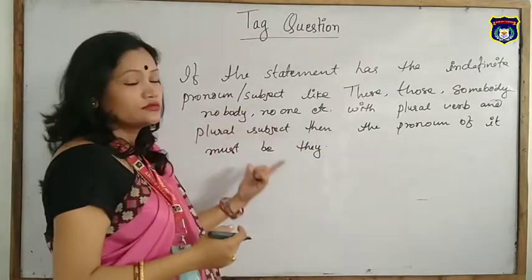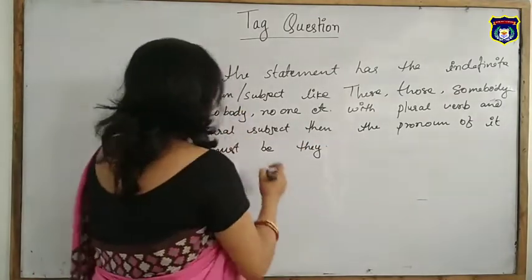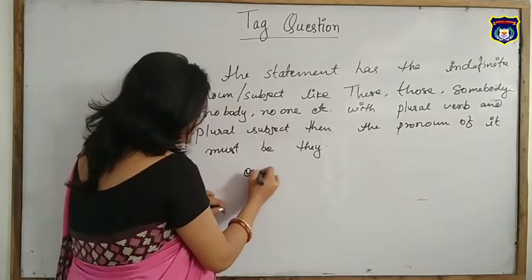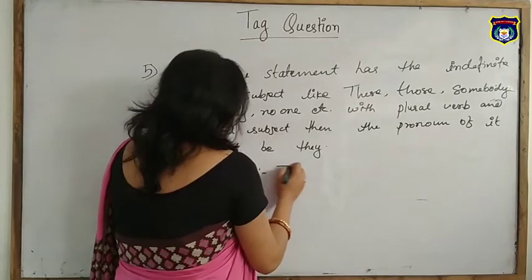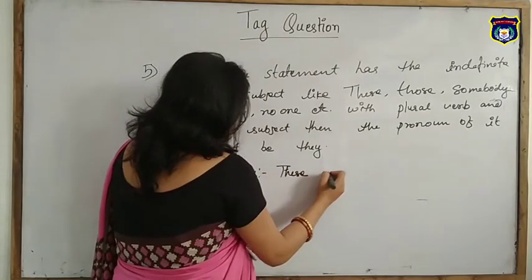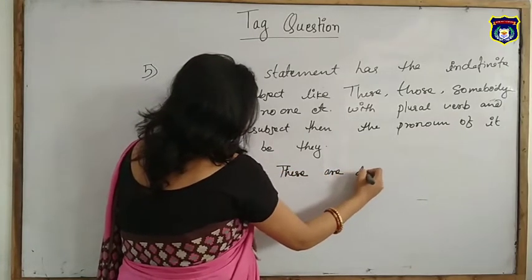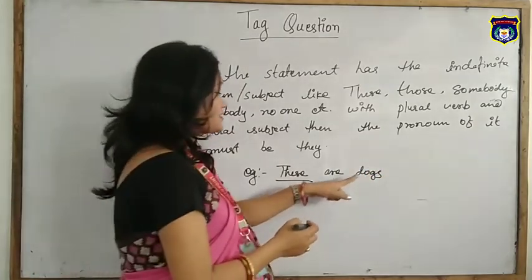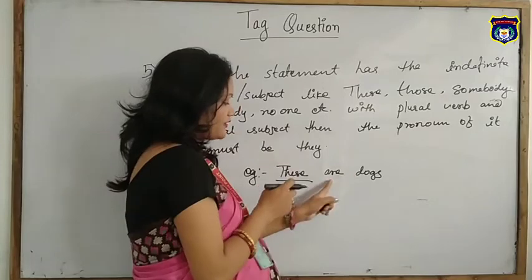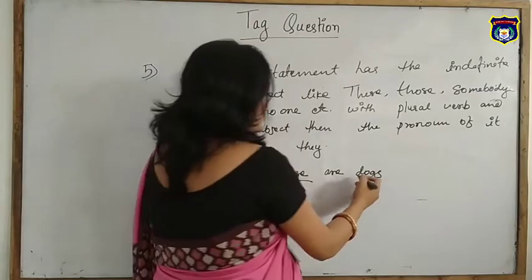Right. Now to clarify it more and explain it more, I am giving you one example of it so that you are quite clear about it. So these are dogs. Now, what's the subject here? These. Yes, are dogs. It's always have are, plural verb.